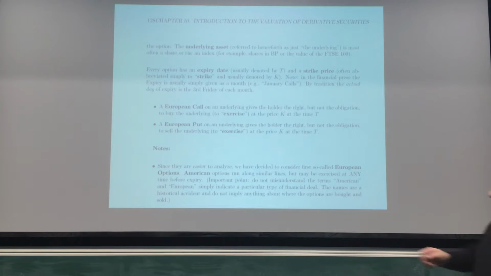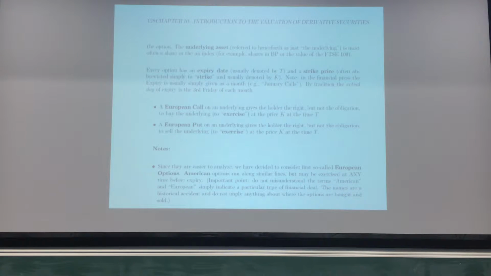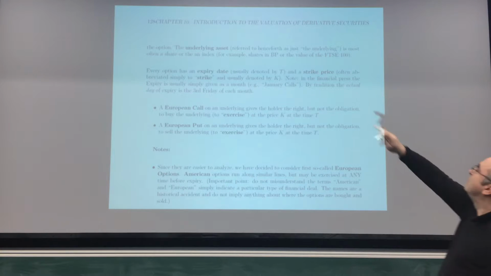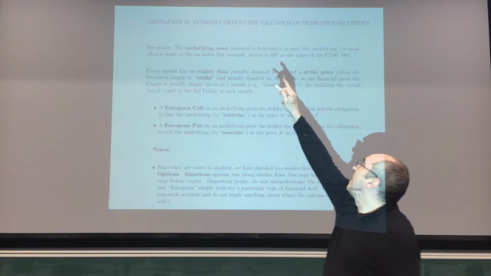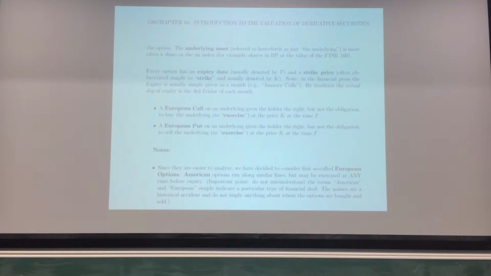Options are generally traded on the underlying asset, or based on the value of the underlying asset. So for Thales, the underlying asset there was the price of olives, or the volume of olives available. But usually it's something to do with a share. It might be a commodity. It might be a stock index like the FTSE. So the underlying is the thing that the derivative product is based on.